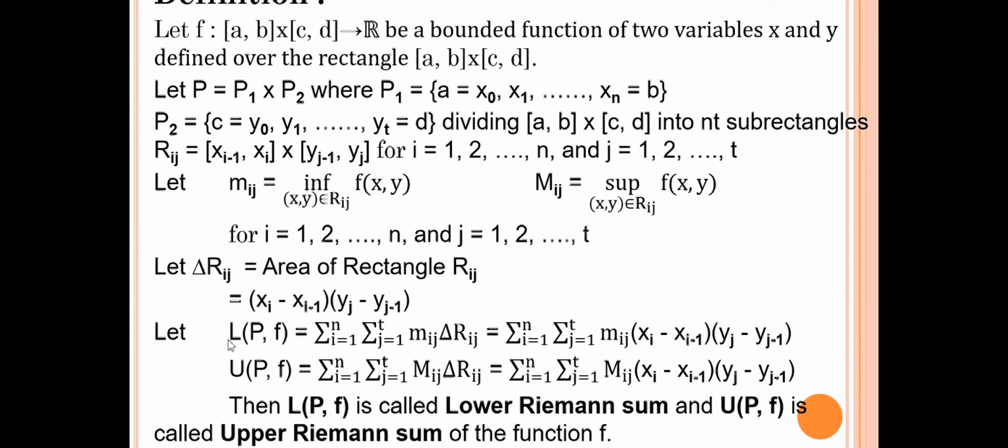So here we can see that LPF and UPF are defined. LPF is called the lower Riemann sum, or lower sum, and UPF is called the upper Riemann sum of the function f, or upper sum of the function f. So this is the definition of upper and lower Riemann sum.